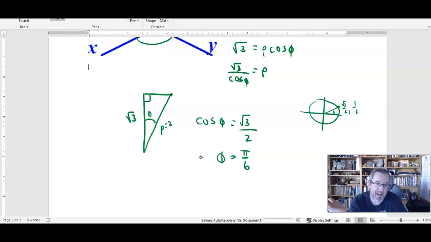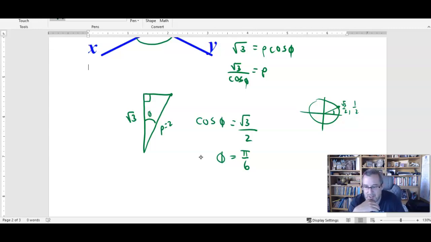Now, if you don't happen to have your unit circle memorized, or some kind of handout, I know some of you in high school got a sheet with the well-known angles like pi over 6, pi over 4 and pi over 3. Maybe you have that somewhere, but the cosine of pi over 6 produced the square root of 3 over 2.